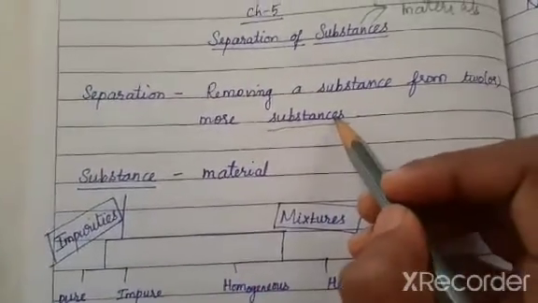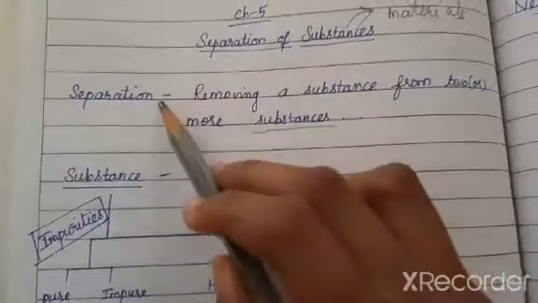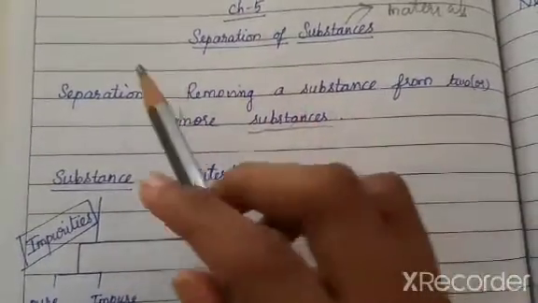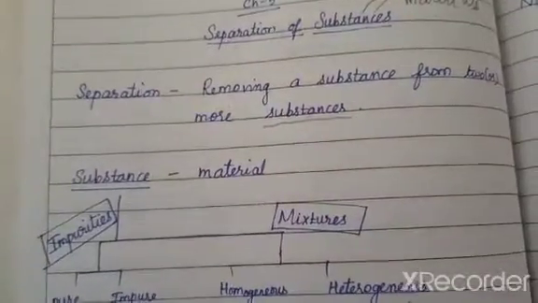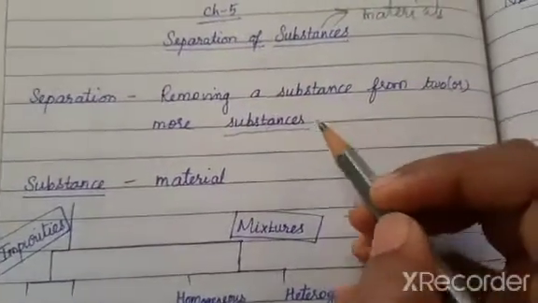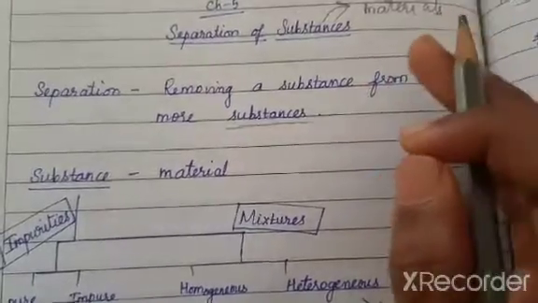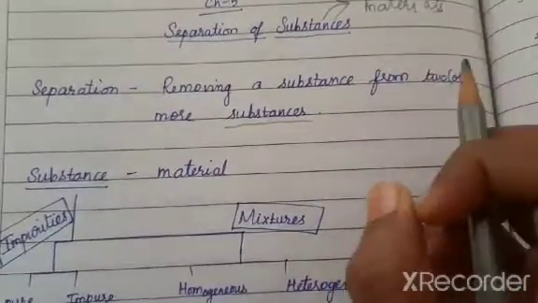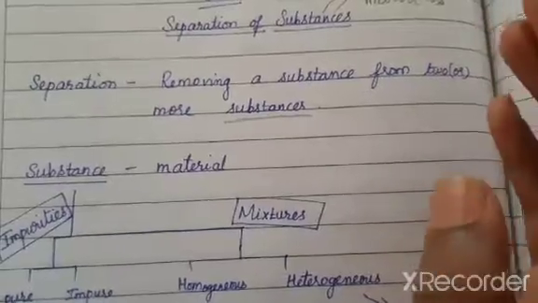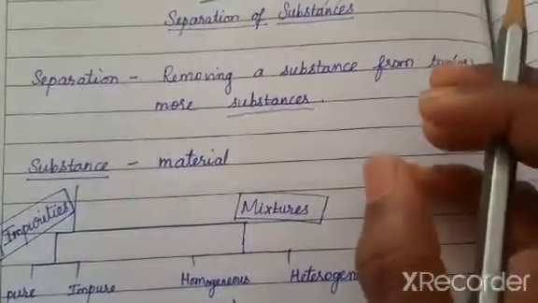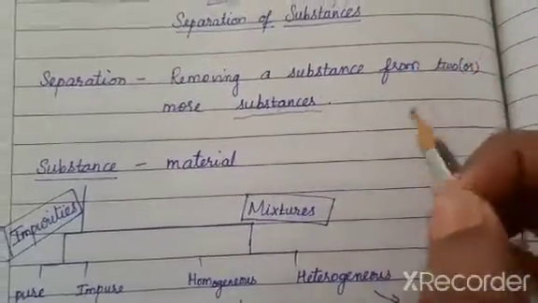Whenever something is in a group, only then I can remove a substance from it, and that process is called separation. For example, open your stationery box. You would have pencil, scale, eraser, pen. If I ask you to separate all the blue color writing materials from it, will you be able to do it?